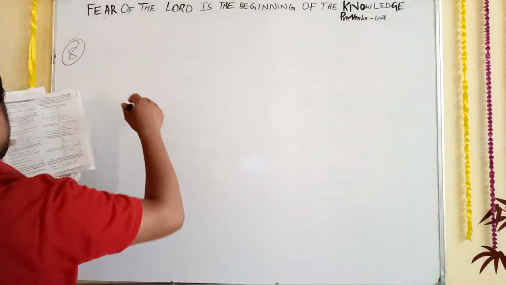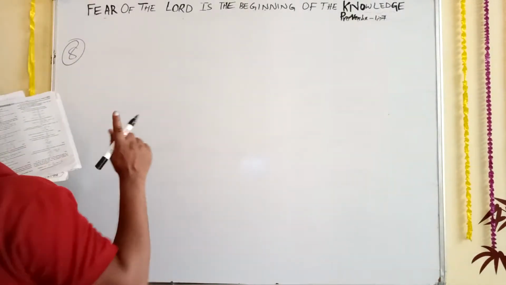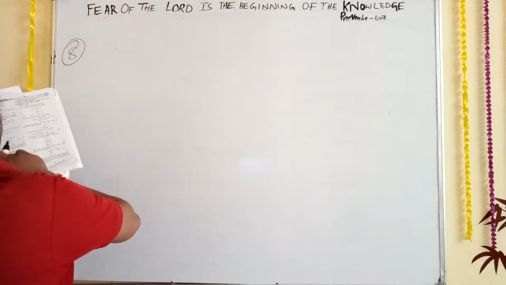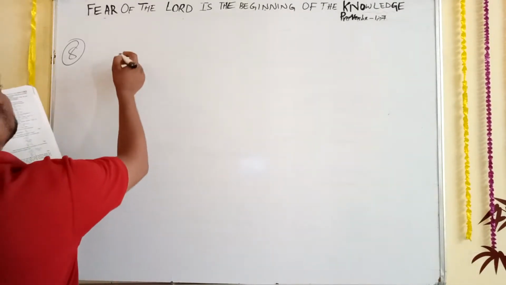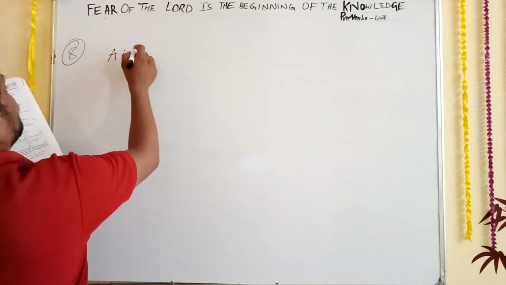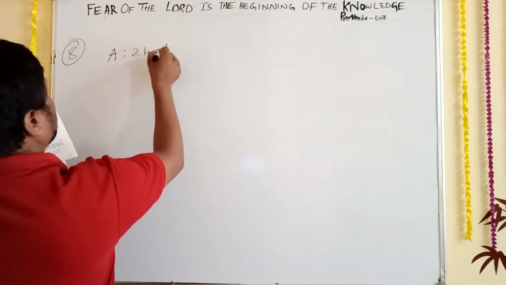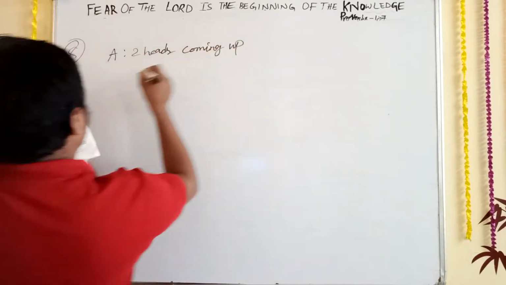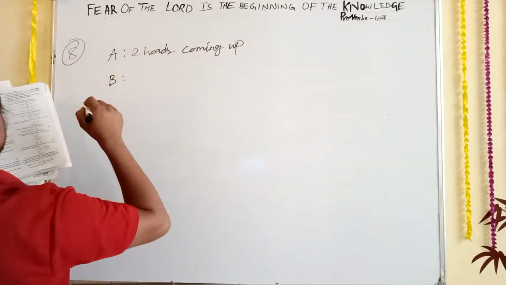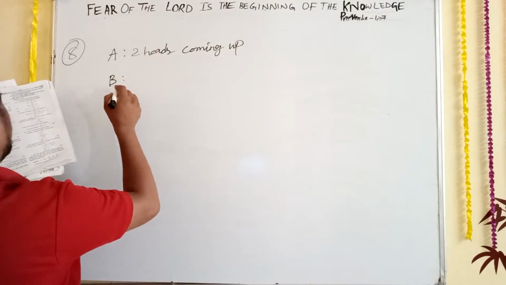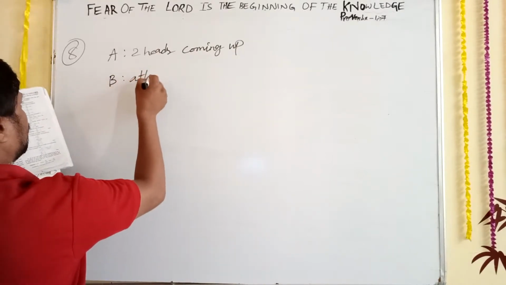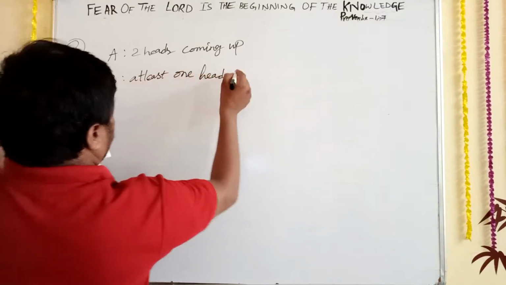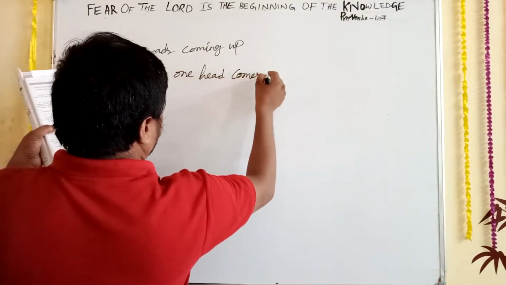So let me go over the probability of two heads coming up. So A is two heads coming up, and B is at least one head, one head comes up.